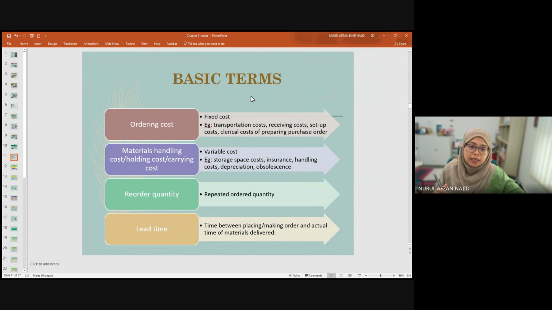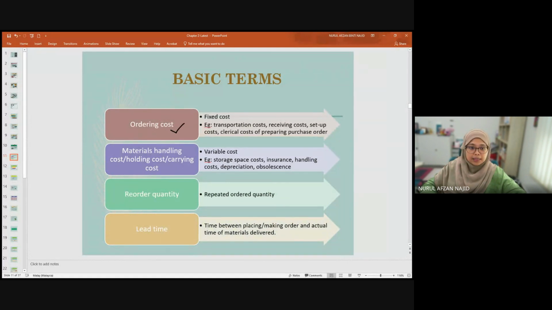Soalan dia tidak bagi directly, this is the ordering cost, berapa banyak, this is the material handling cost. No. Soalan dia akan bagi in general. So you need to determine by your own which one is the ordering, which one is the holding. So baru masuk dalam formula. Okay? Alright. InsyaAllah boleh.